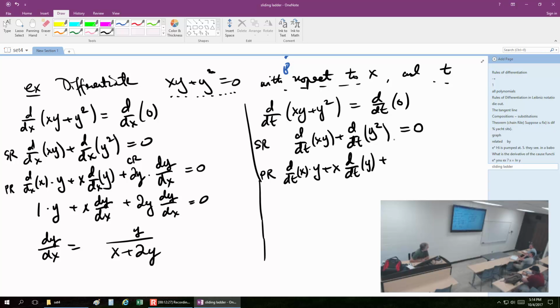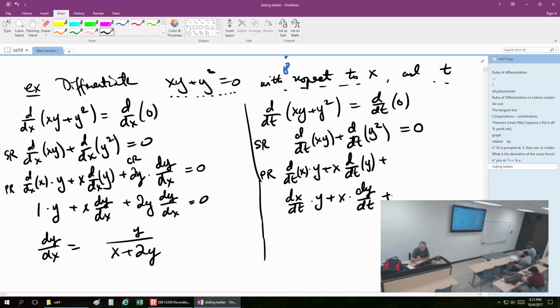Now we are differentiating x with respect to t. x is a function of t, so what is it? dx/dt, yes. dx/dt times y. And the second term, x times what? dy/dt. So as you can see, it's even easier in a sense because x and y are now fully equal. They both depend on t.